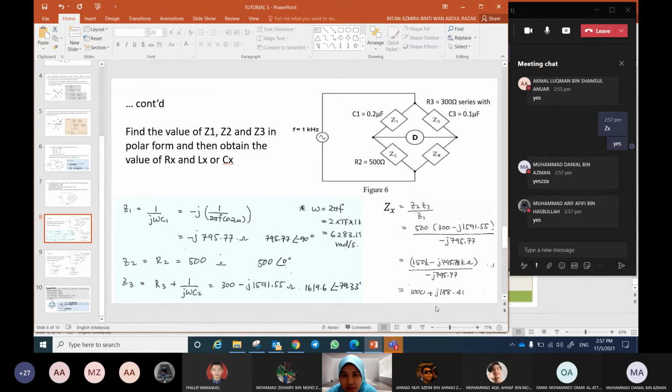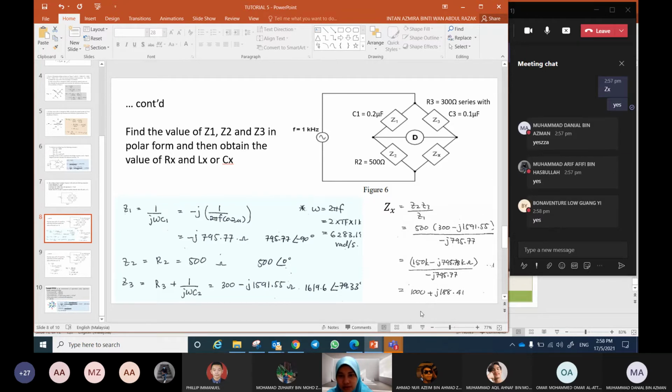Good, Arif Afifi. Okay, so from this value 1k plus j188, please guess what is the component of Zx. Is it R, L, C, or a combination of R and C, or a combination of R and L? Good, Bona.